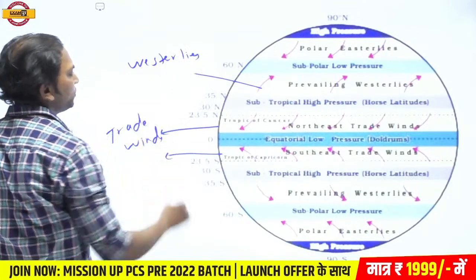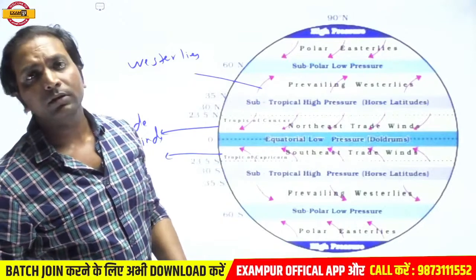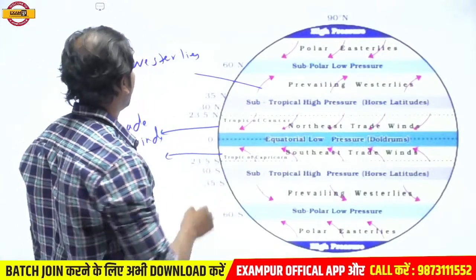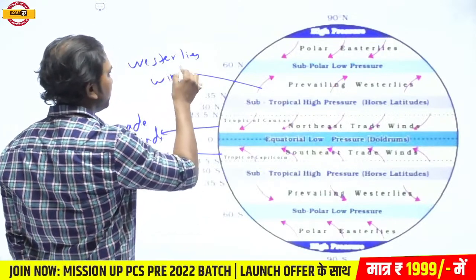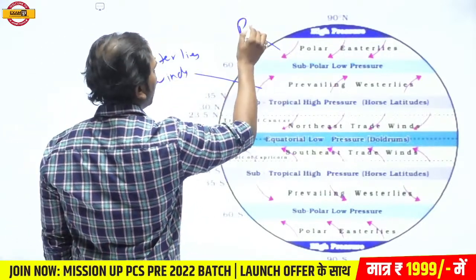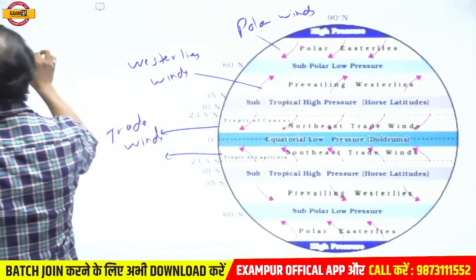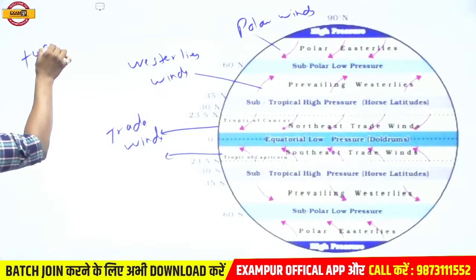First of all, the types of permanent winds are three: the trade winds, westerlies and the polar winds. Here it is the westerlies, and here it is the polar winds.